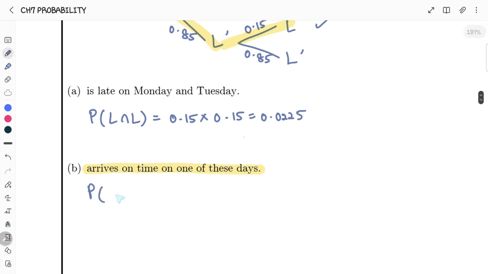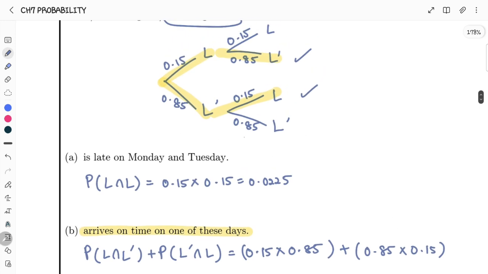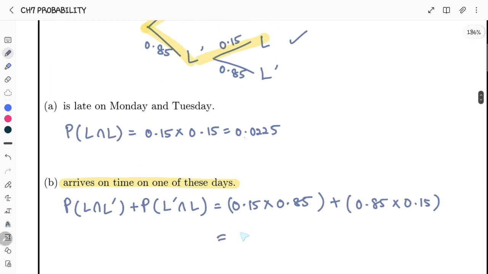So P(late intersect not late) plus P(not late intersect late) will be equal to 0.15 times 0.85, plus the other one, 0.85 times 0.15. You can see from the tree there. The answer would be 0.255.